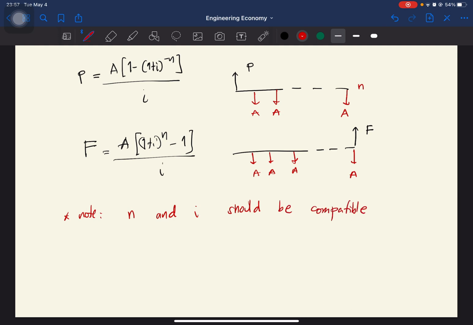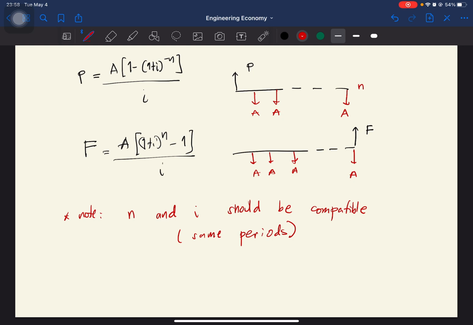Ibig sabihin, they should be expressed in the same periods. If your payment is every quarter, then your interest rate must be compounded quarterly. If your payments are semi-annual, then your interest rate should be semi-annual as well.